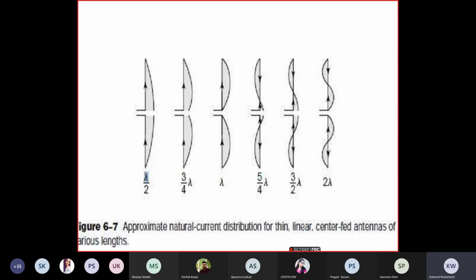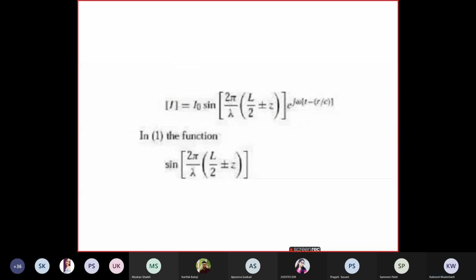With respect to that, we are discussing here. The current distribution will be I equals I naught sine of 2 pi by lambda times (L by 2 plus or minus Z), into e raised to j omega (t minus r by c).